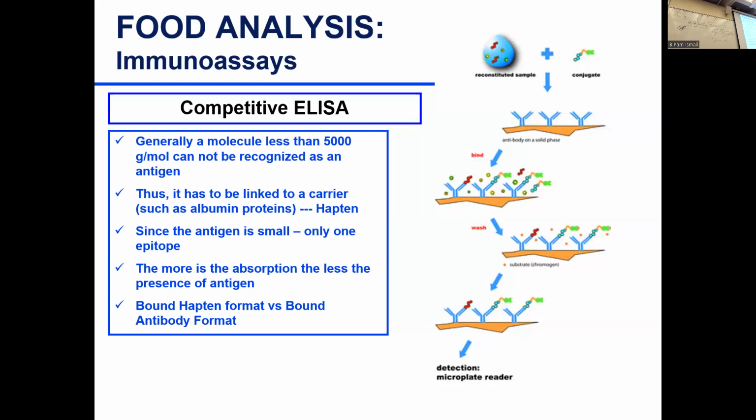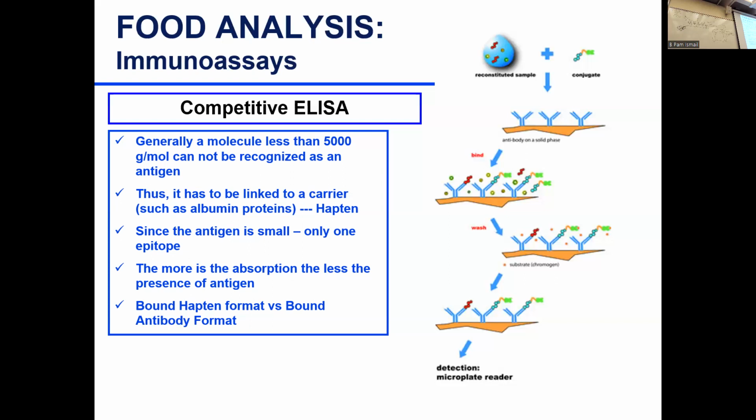So that's why it's called competitive. Now, in this case, when you have higher absorption, that means you have low concentration of the antigen. So opposite. Why? Because if you have low concentration of the antigen, more labeled molecules are going to bind to your antibody. So with more labeled molecules, you'll get more color generated, higher absorption.